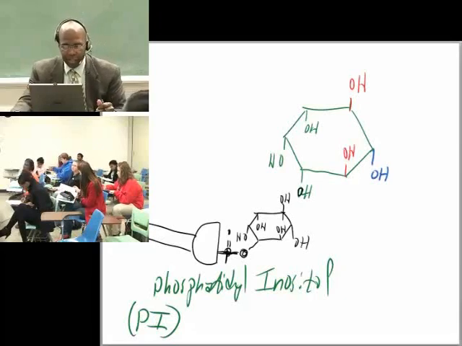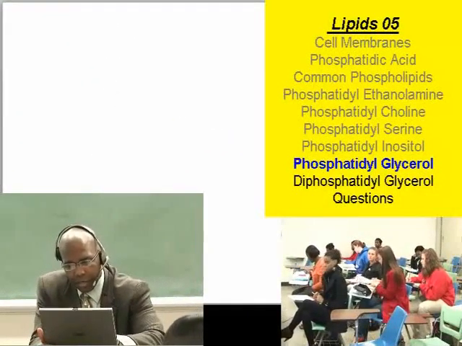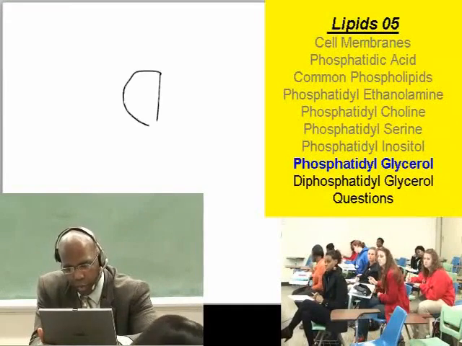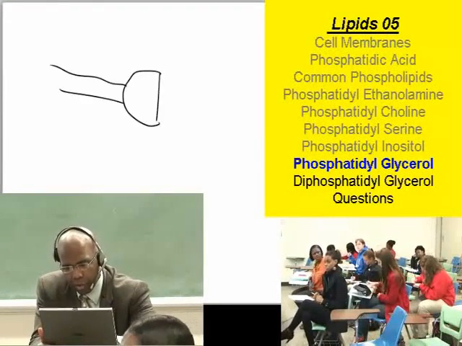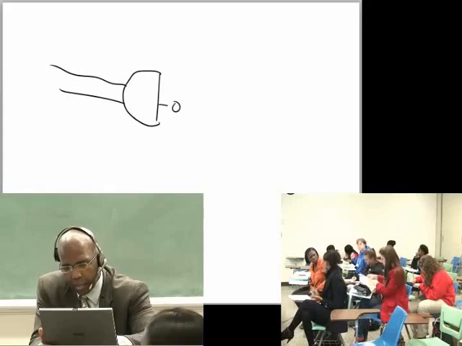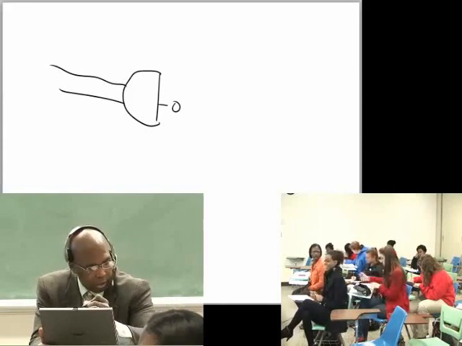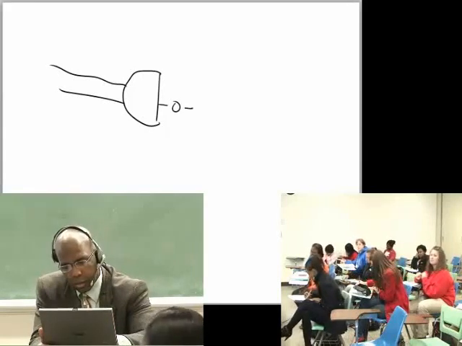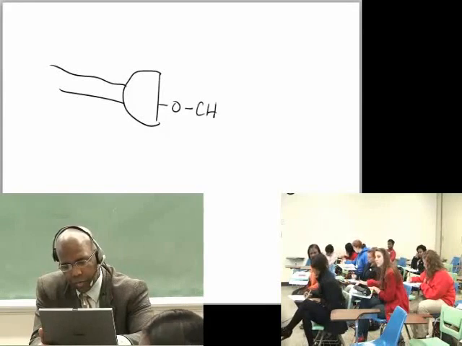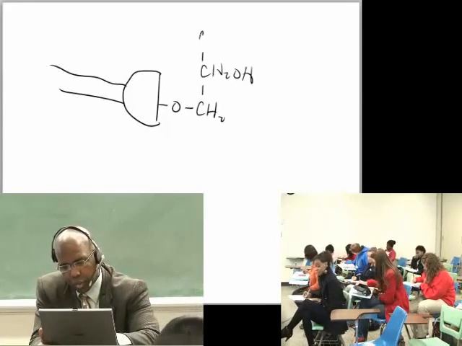Okay. Now for this one, I don't really have to do anything because it's going to be glycerol. So you already know what glycerol looks like. So I can put here O and CH2OH, CH2OH.